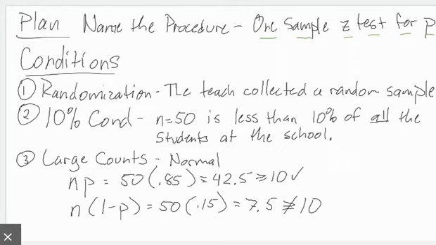Well, let me tell you. First of all, this kind of goes back to some of the questions that I've heard earlier today, and even a question I heard earlier in this class. What do we do if one of our conditions is not satisfied? What are we supposed to do? Because if it's not satisfied, I'm not really supposed to do the rest of this test. Well, here's my answer.